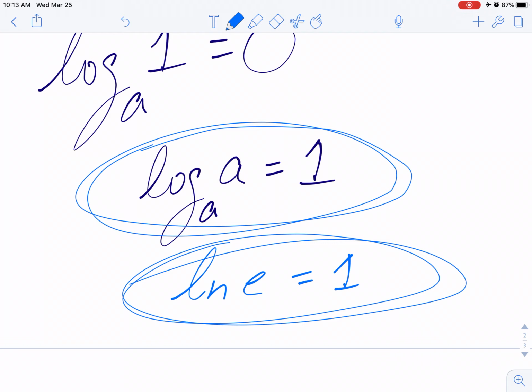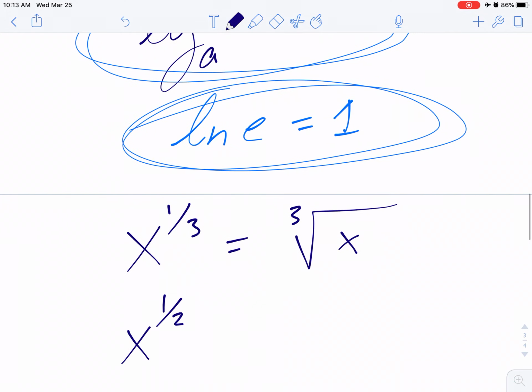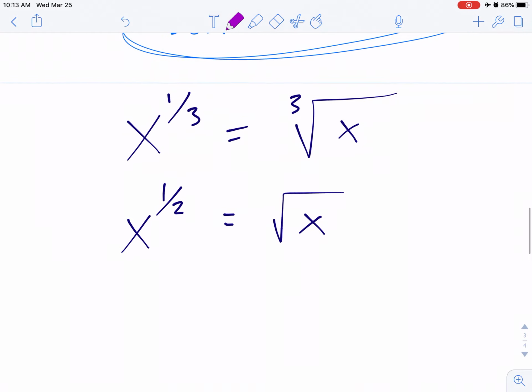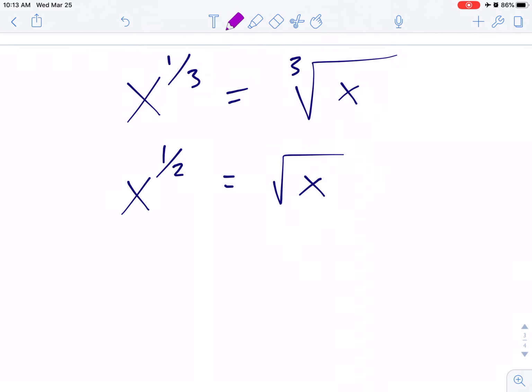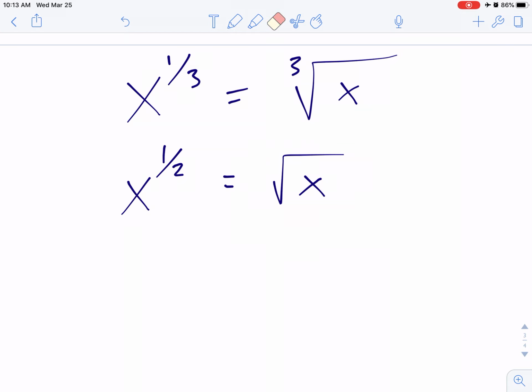And the last couple little reminders deal with exponents. We actually did this on the first night of class. x to the 1/3 is the same as writing the cube root of x, and x to the 1/2 is the same thing as writing the square root of x. With logarithms, we don't have rules that deal with radicals. So when you're given a problem that has radicals in it, you're going to want to switch those radicals into exponents.